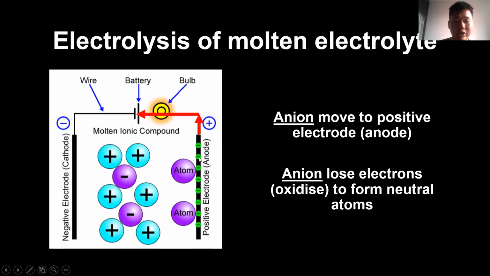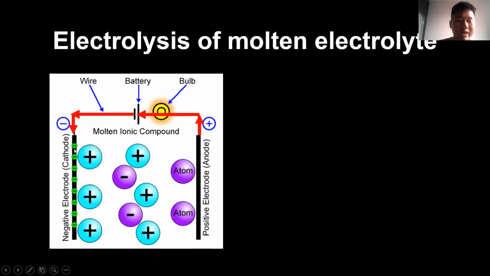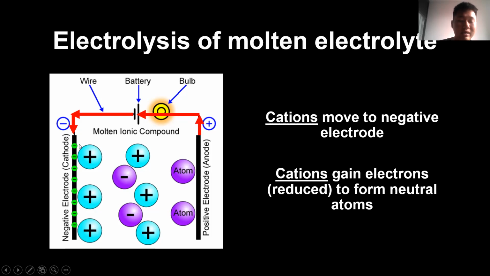The electrons will move up to the battery and cross over to the other electrode. The electrons come to this negative electrode, which is known as the cathode. Because of these electrons, the positive ions will be attracted here.